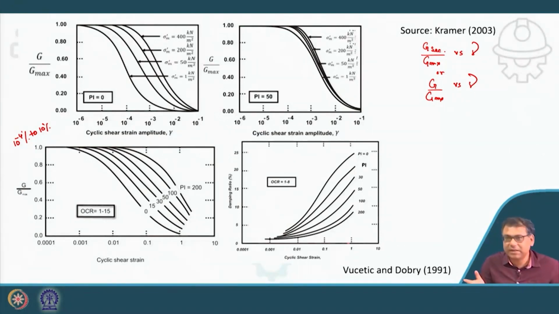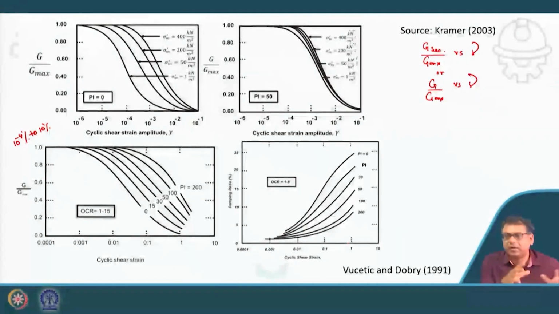Why? Because as I mentioned, if the strain level is very high, then this equivalent approach, if I calculate the damping, may overestimate the amount of strain energy. Okay, so there is a possibility of error. So you have to be very careful when you apply these methods for strain greater than 1%, because the error starts before that. That's why a few researchers have suggested some correlations and corrections.